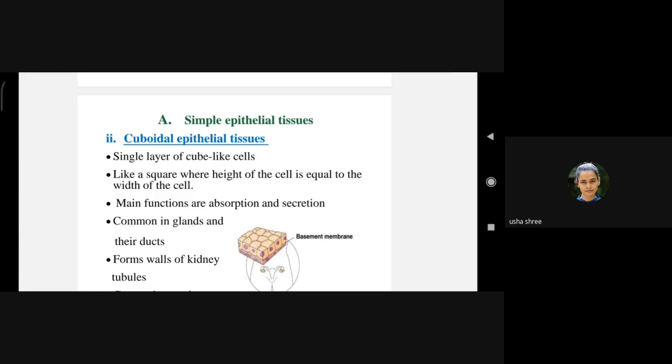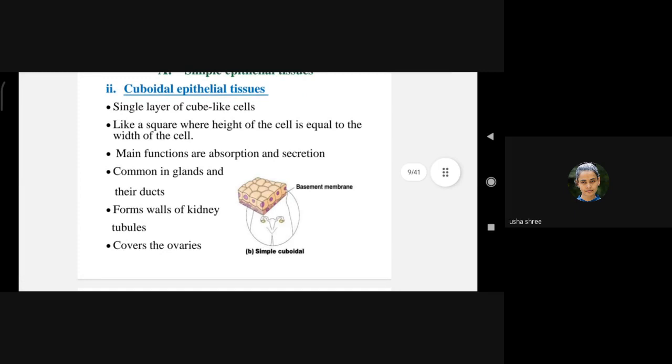You can see here I have put a picture showing the ovaries and fallopian tube. Ovaries are a type of sexual gland, and the ducts are the fallopian tubes. So we can find cuboidal epithelium tissue in areas where glands and their ducts are present.